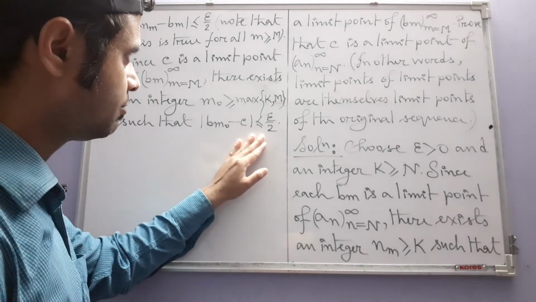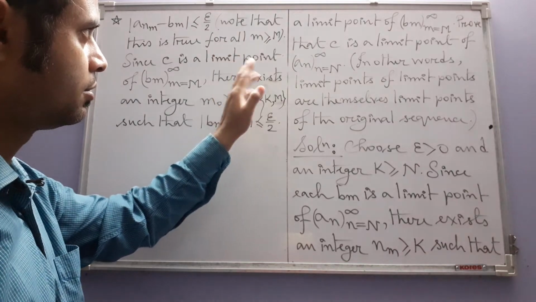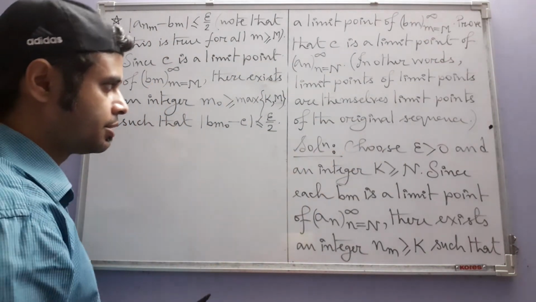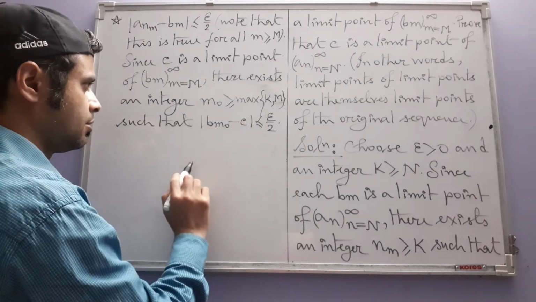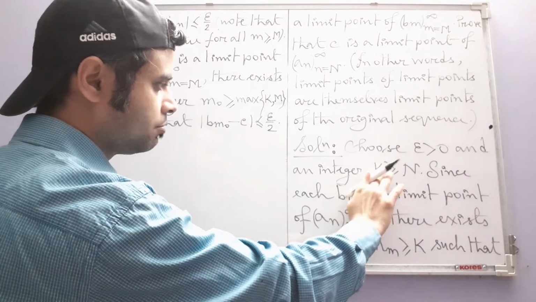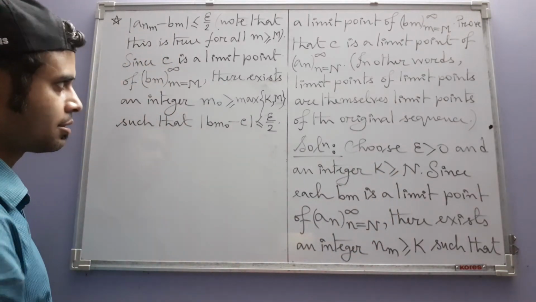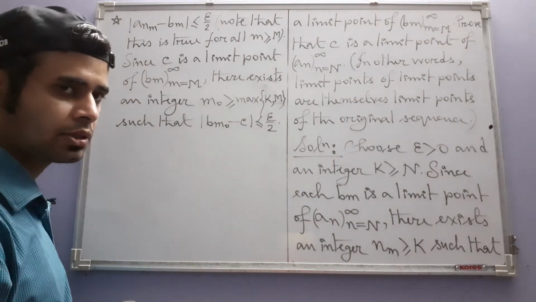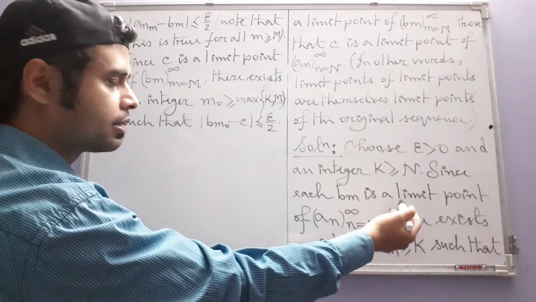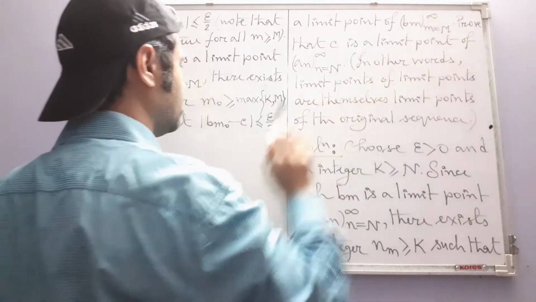So here we have used the fact that c is a limit point of bm. So epsilon is there, and in this case we have taken the stage to be k. In this case, what is the stage? The stage is the maximum of k and M. Just like k has to be greater than or equal to n, here the index starts from capital M.